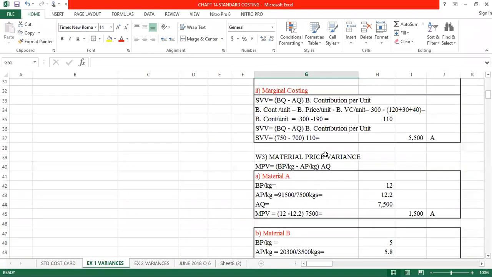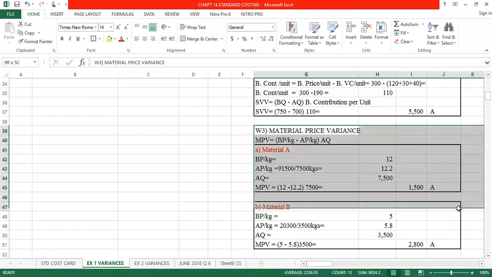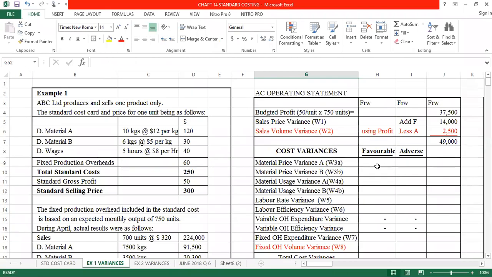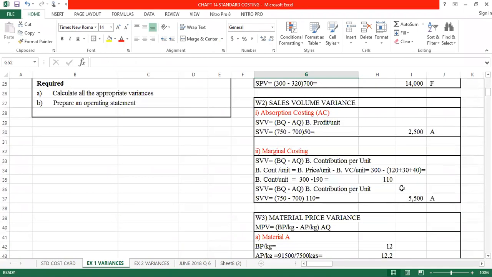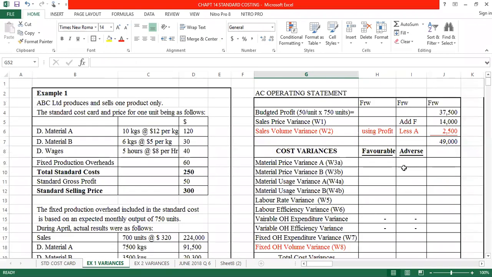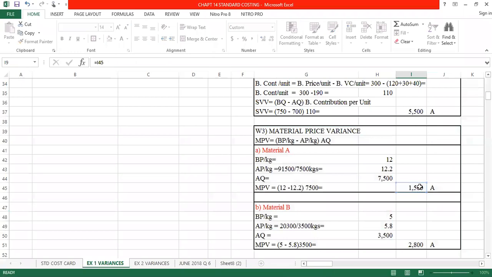So we can go and post them under material price variances for A and for B. Material price variance for A was adverse, 1,500. So I'll put it in the adverse column.